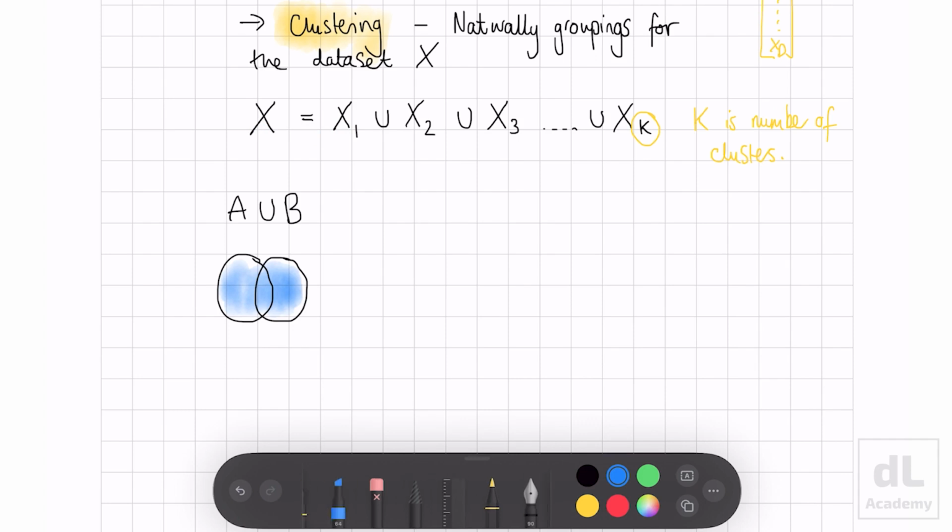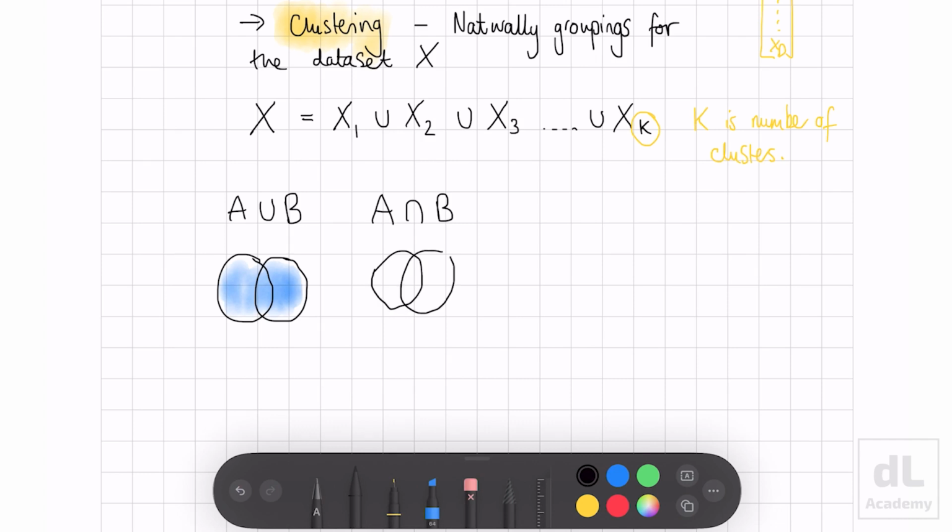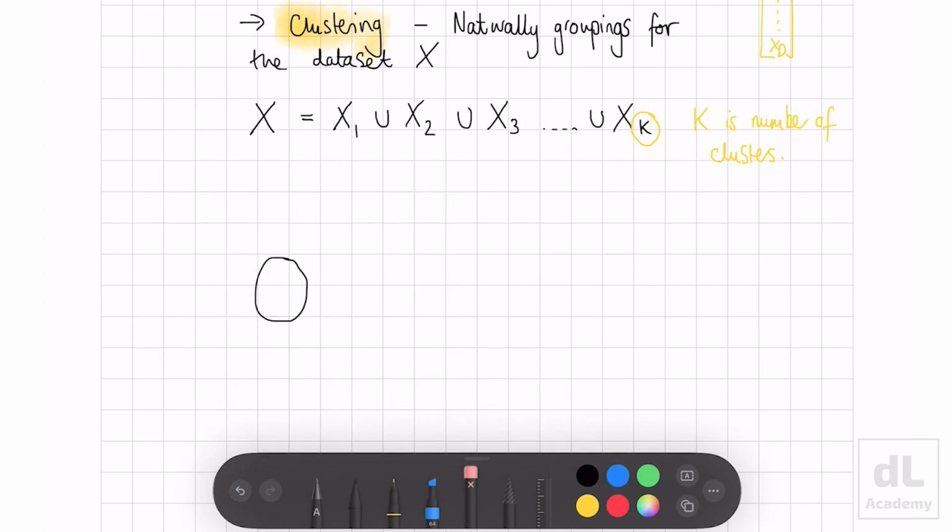Now, not only union, in set theory you have A intersect B. What we're really interested in is this overlap, and this is called the intersect. The important thing about the sets that make up the clusters is that they don't intersect.